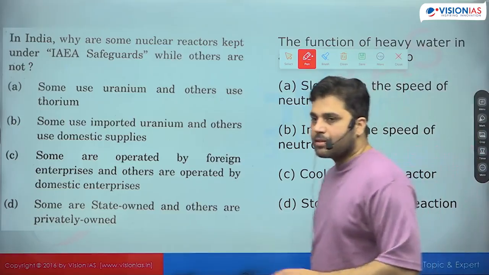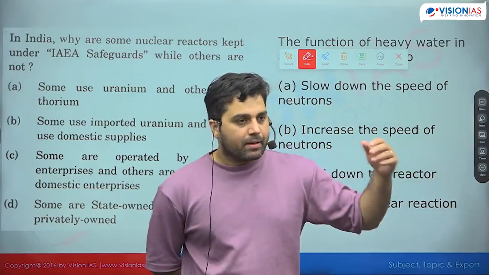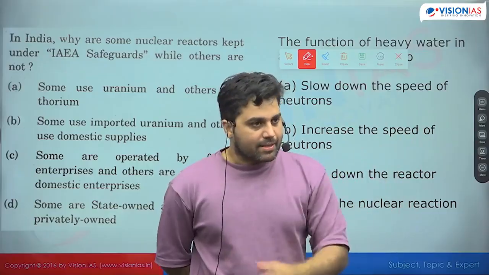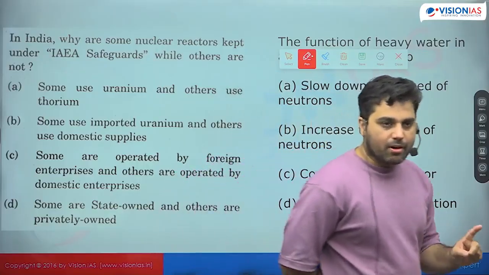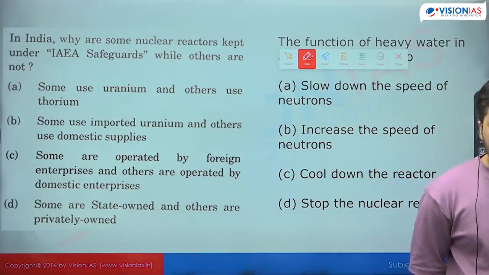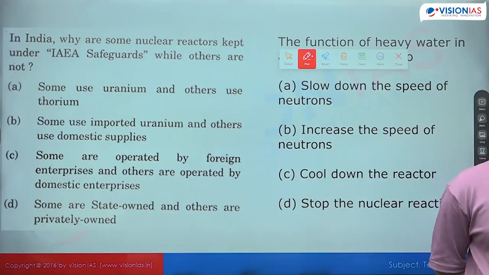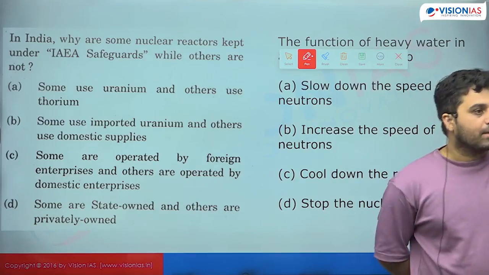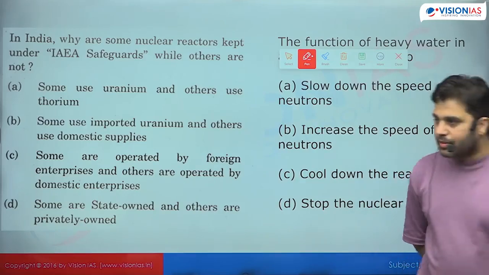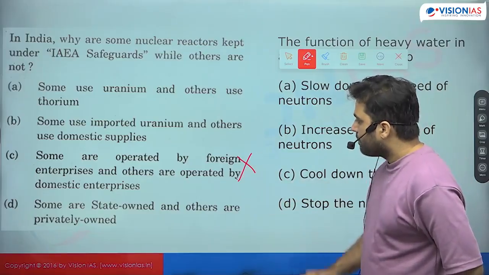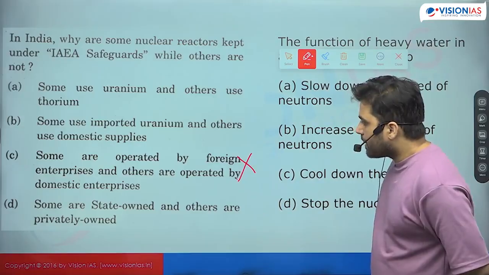There are some reactors built with the help of Russia, some built with the help of the US, but many reactors are indigenous. But one thing common in all of those reactors is that giving management and decision-making power to foreign companies is not permitted, and it will not be permitted in the coming time either. FDI will be allowed, those things will be allowed, but this statement is absolutely not correct. Some are state owned, others are privately owned.